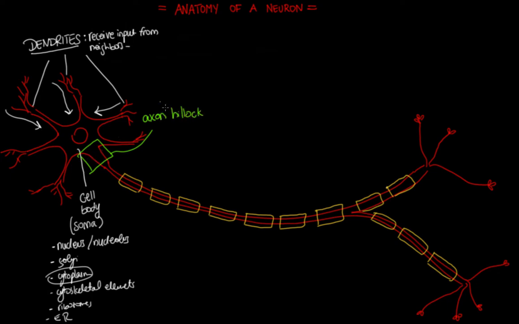And this is the area in which the electrical impulse is going to be generated. So this region is very important because it's going to process or sum up all of the input received via dendrites, and then it's going to generate the electrical impulse. Okay? And this is known as your action potential.